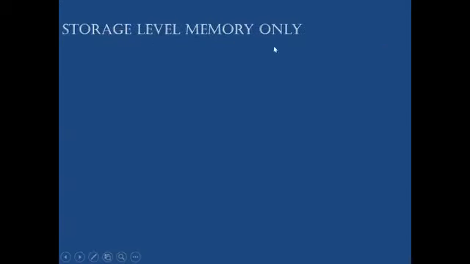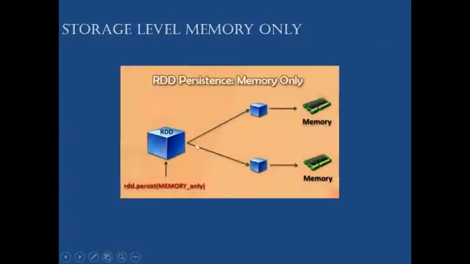Let's move on. Storage level, memory only. So you have an RDD. When you say RDD.persist(MEMORY_ONLY), it will persist the data only in memory. This particular RDD is divided into these. What are these? Quick.